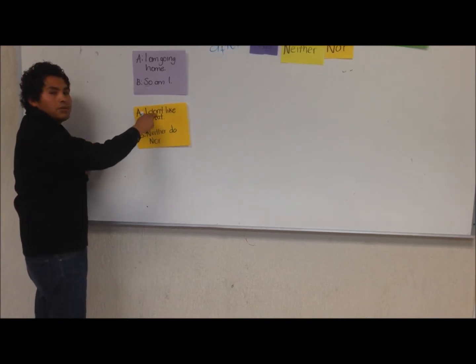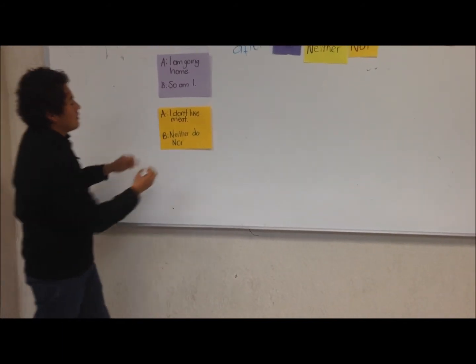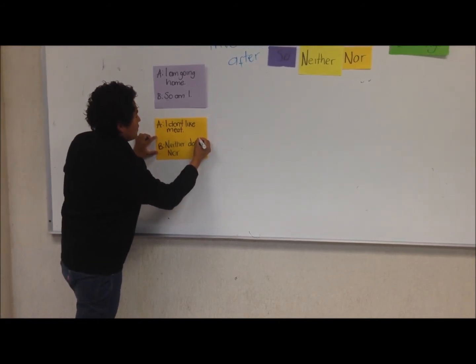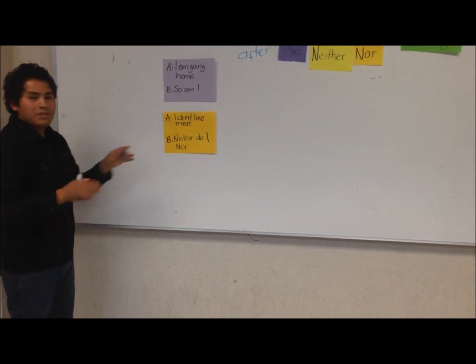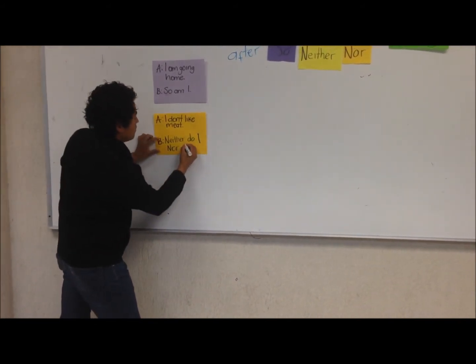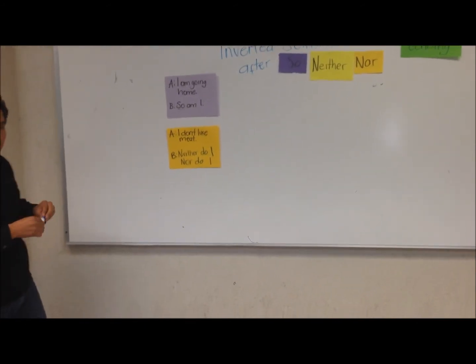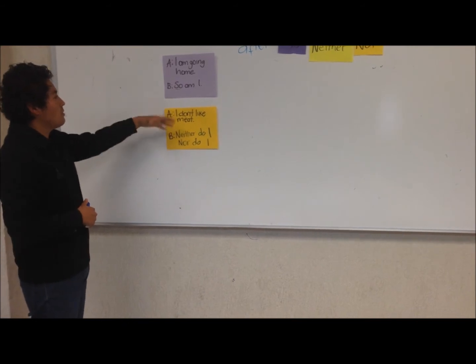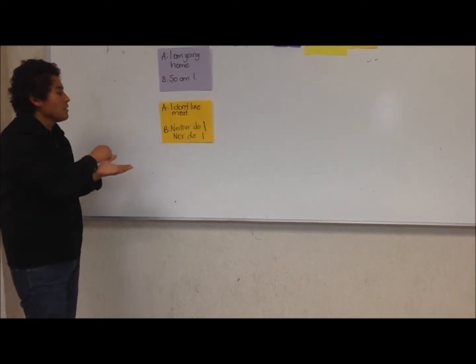Because our auxiliary verb is do, okay? You are talking about the first person, I. Neither and nor are very similar, so it happens the same with nor. Nor do I.